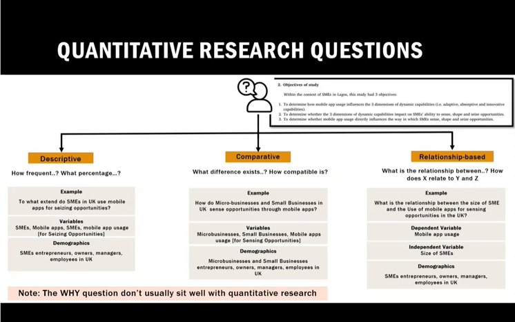So I extracted the objectives of study, what you see here, from one of the papers I sent earlier on, which again is one of the quantitative studies I published a while ago. And so this speaks to the objective of the research, which should be transformed into some form of questions.